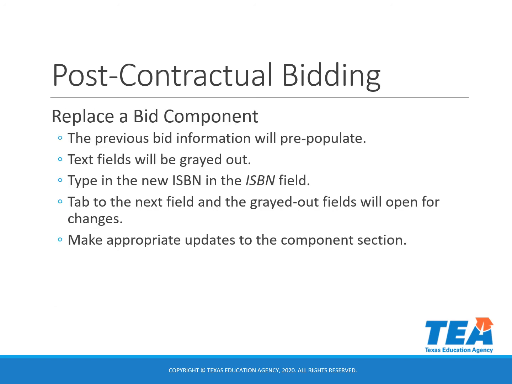If you use the magnifying glass to select an existing component ISBN, then the previous bid information will pre-populate. The text field will be grayed out. If you type in the new ISBN in the ISBN field and tab to the next field, the grayed out fields will open for changes. You will make appropriate changes to the component section.